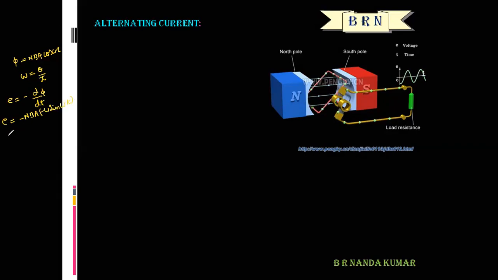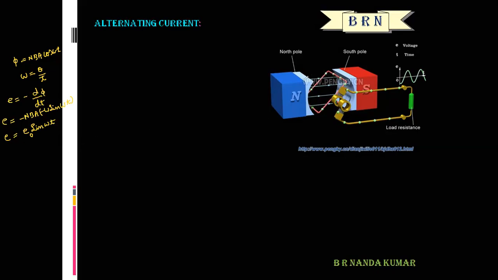So minus of minus is plus. So NBA omega is the peak value of EMF, that means the maximum value of EMF induced in the coil. So E is equal to E naught sine omega t. This is the expression for instantaneous EMF induced in the coil.